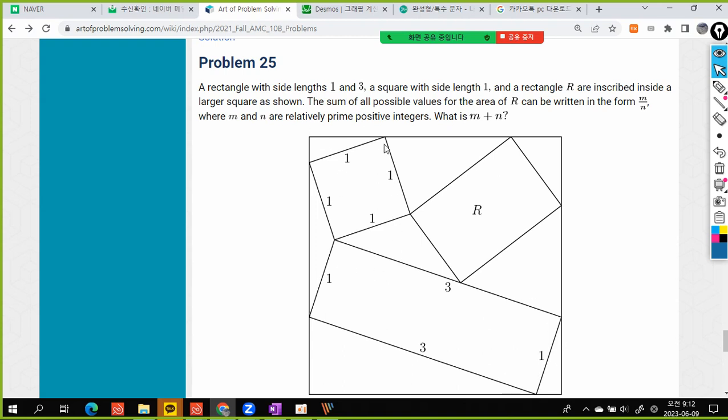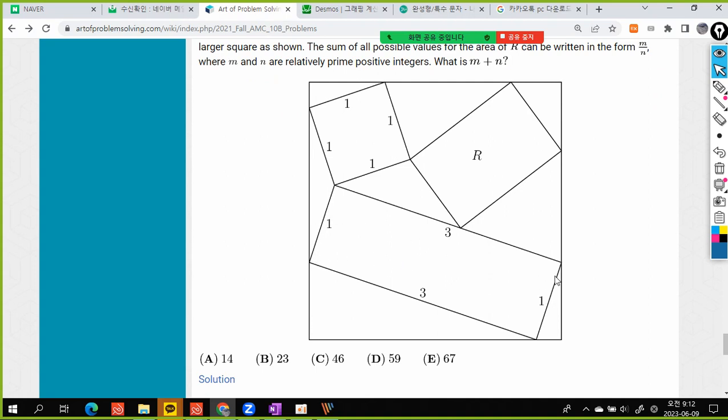We don't know the side length of the big square. We know each of these side lengths is 1 and 3, and we are making this type of big square.